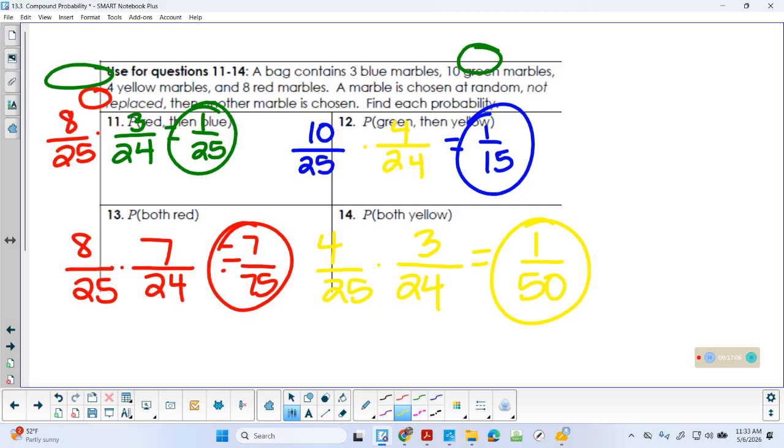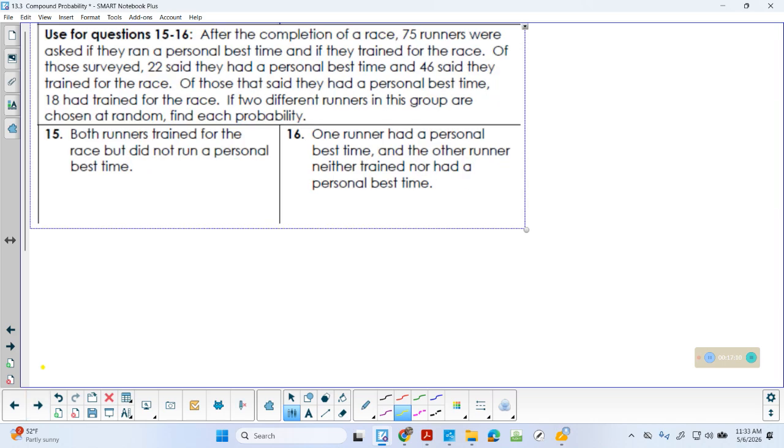Okay, last one. And we can make a Venn diagram if we think it might help us. We'll just see what we think here, because this is kind of wordy just for the record. Okay, let's see what we got. Let's not do yellow. I know it doesn't show up the best. Very wordy. After the completion of a race, 75 runners, that's important, 75 runners, were asked if they ran a personal best time and if they trained for the race.